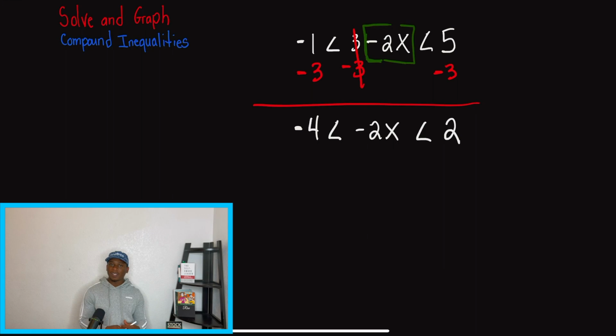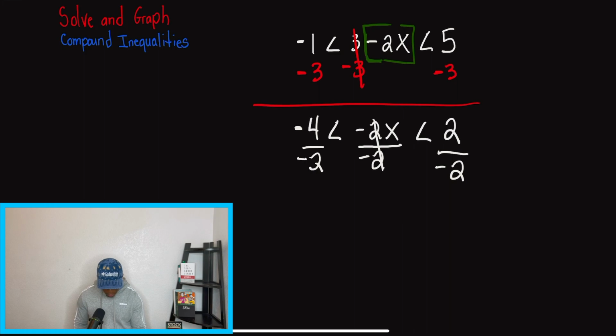So understand, guys, we're almost there. We have not finished yet. So what we want to do at this part now is to divide, right? And we're going to divide by -2 so that we could get that variable by itself. But there's a very specific rule that we must remember when we're dividing by a negative number, right?